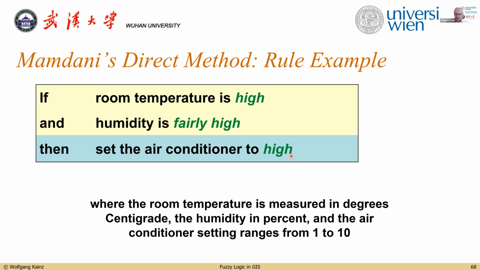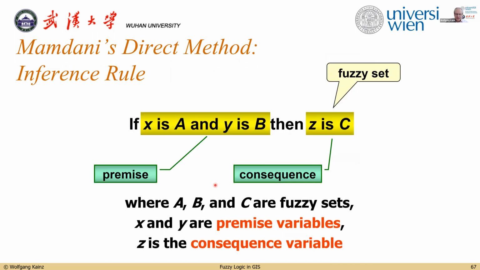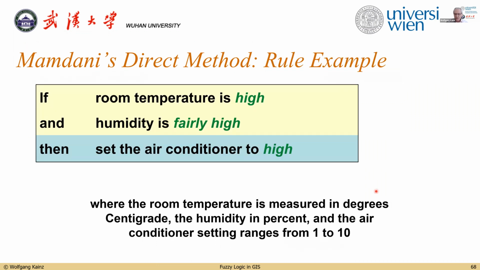So we have three fuzzy sets, and we have temperature, humidity, and air conditioner setting as premise and consequence variables, respectively. So this is the most general form of formulating a fuzzy rule in Mamdani's direct method.